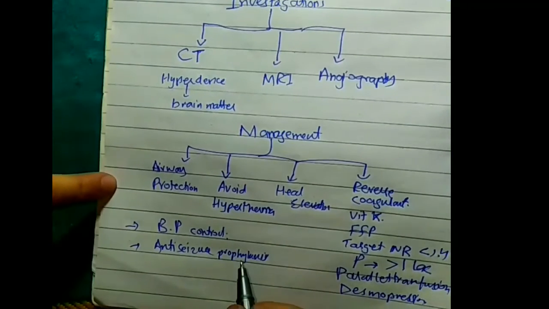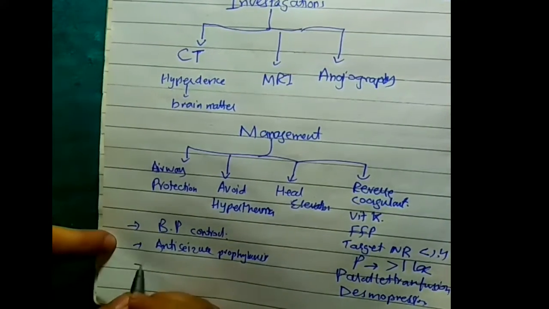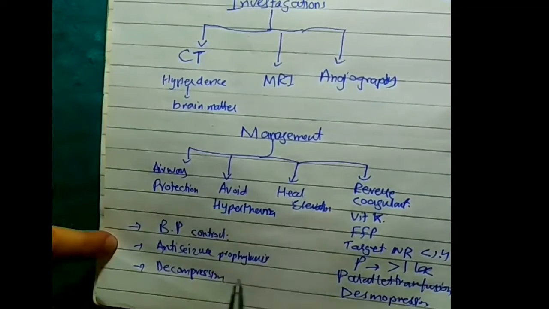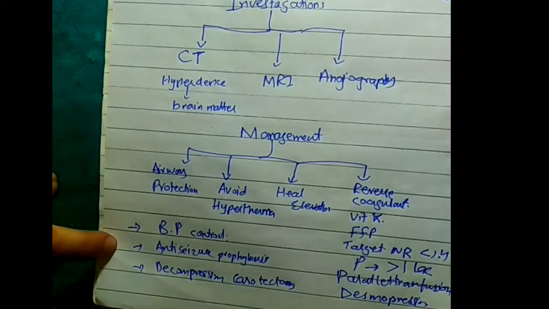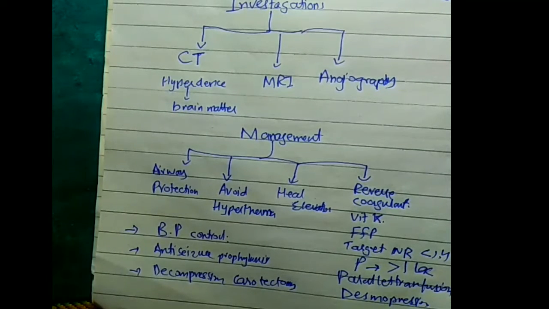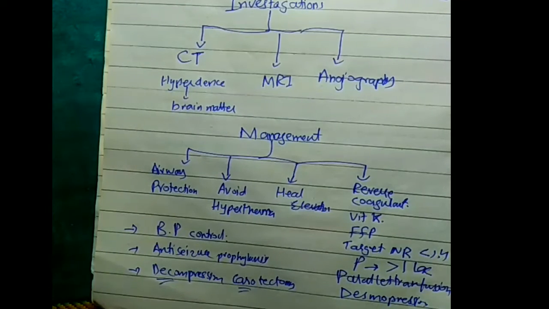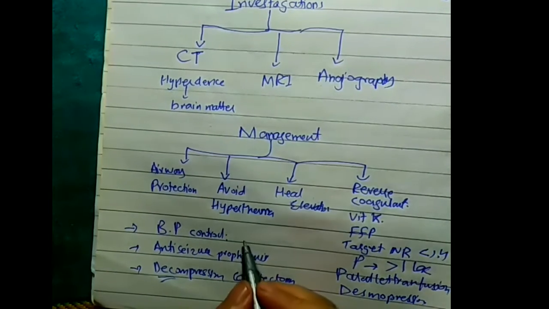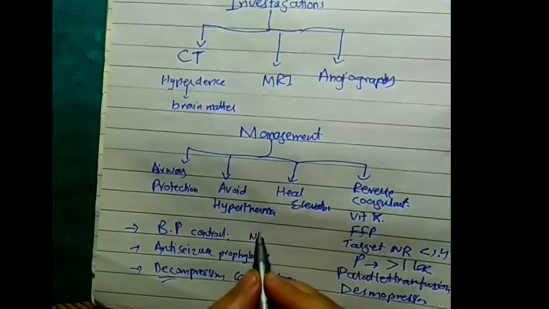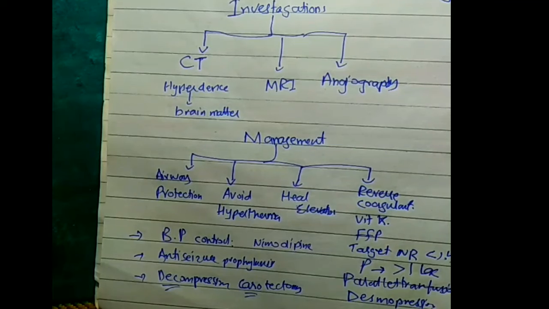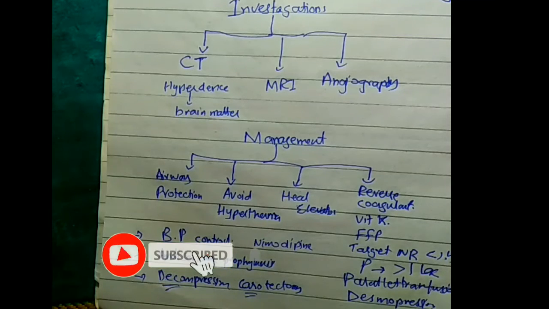We will do decompression craniotomy for a large hematoma with clinical deterioration. For blood pressure we will usually give nimodipine. So this is all about hemorrhagic stroke. If you have any question or query, you can ask me. Thanks for watching.